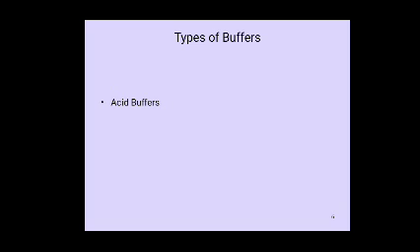Now, types of buffer. First one is acid buffer. Second one is basic buffer. This acidic buffer is a mixture of weak acid and its salt of strong base, like acetic acid and sodium acetate, CH3COOH and CH3COONa.